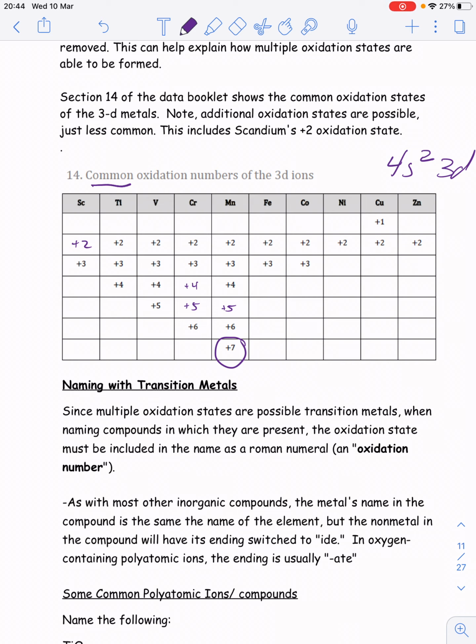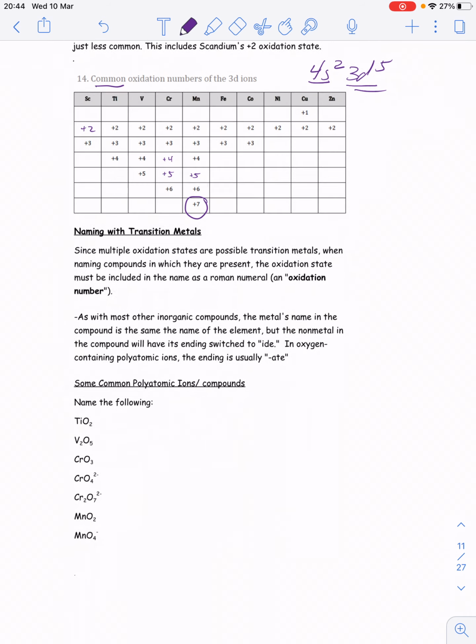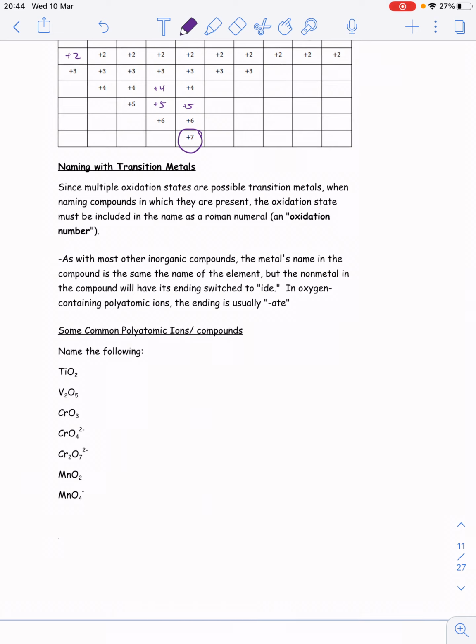So this shows the common oxidation states, or common charges, of these different transition metals, which again is possible because after removing the 4s2, it doesn't take that much more energy to remove additional d electrons. We've already gone over this in the naming when we dealt with the ionic bonding topic. We use Roman numerals to identify the oxidation state or oxidation number on the transition metal.